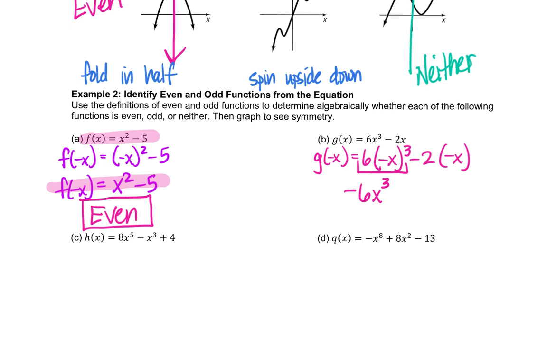And then negative 2 times negative x is positive 2x. So then go back. You started with 6x cubed minus 2x. You ended with negative 6x cubed plus 2x. So do you see how the signs completely changed on every term? That makes it odd.